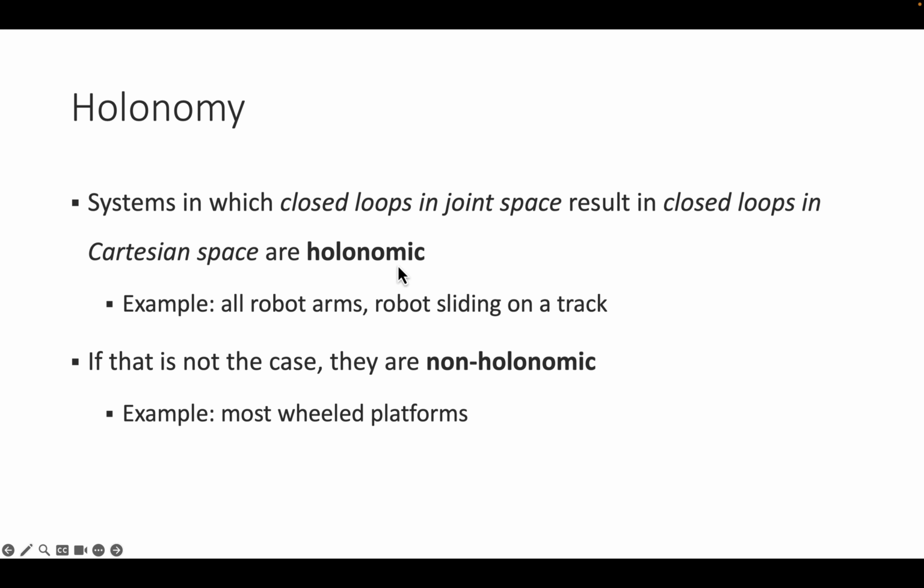Robots where this is the case, we call holonomic instead. And examples for this are all or most robot arms, or a robot that is sliding on a track like a train. As soon as the robot has wheels, it becomes complicated.